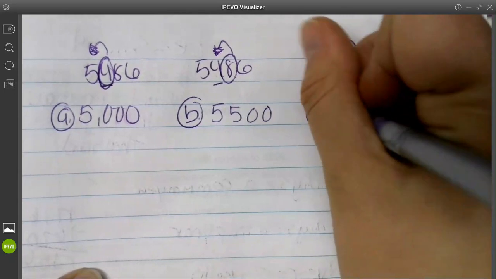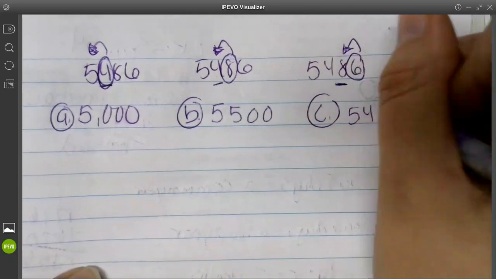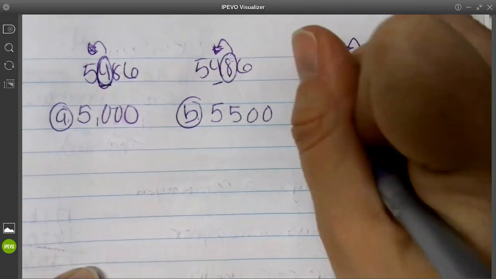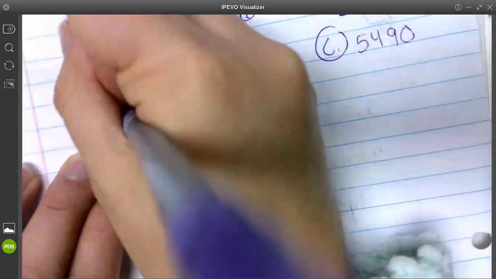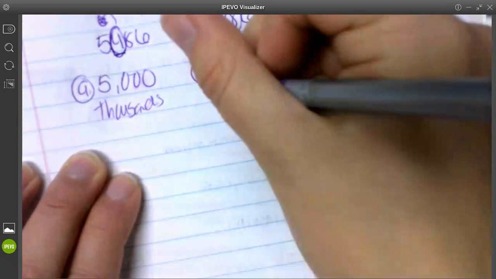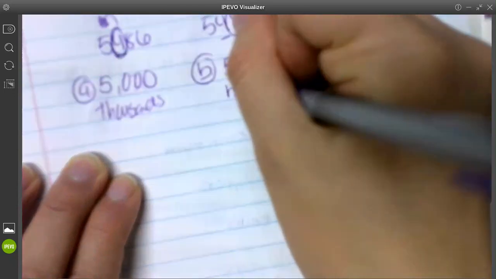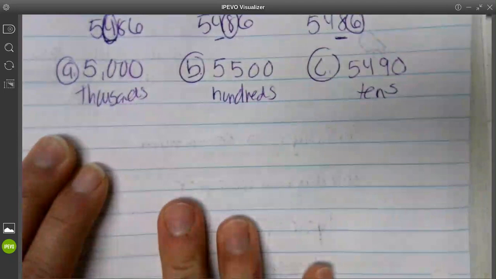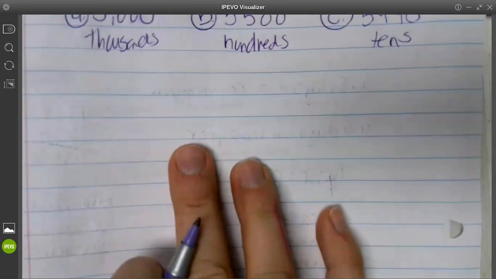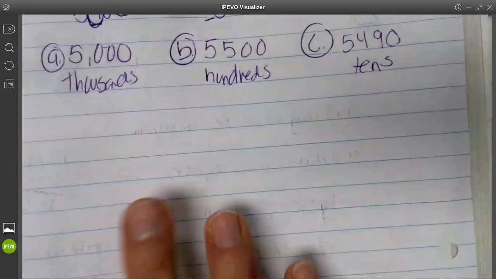So my bossy 6 is going to tell my digit in the tens place to go up one more. So 5,490. So we have thousands, hundreds, and tens. Voila. All right. So there we have those.